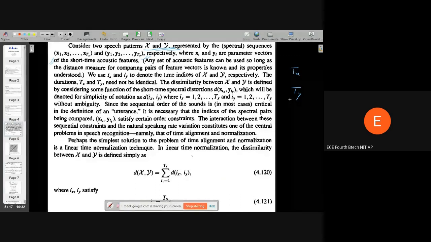Two speech signals, you have taken frames from each, and one is obviously longer than the other, even if you speak the same phrase.